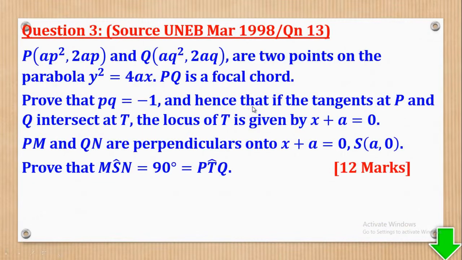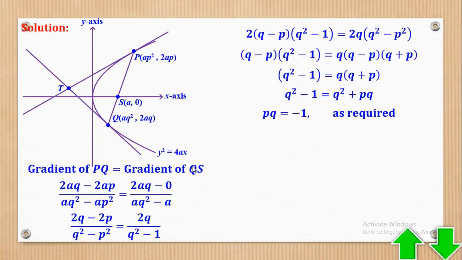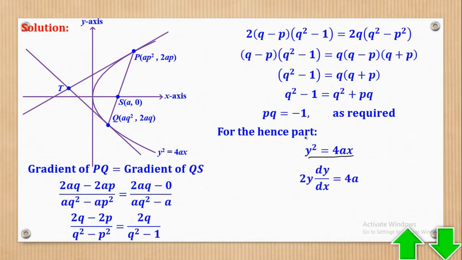Then they said hence that if the tangents at P and Q intersect at T, the locus of T is given by x plus a is equal to 0. So we shall come and say that for the hence part. Our aim is to get the equation of those tangents.